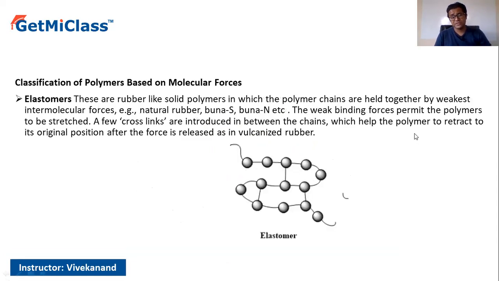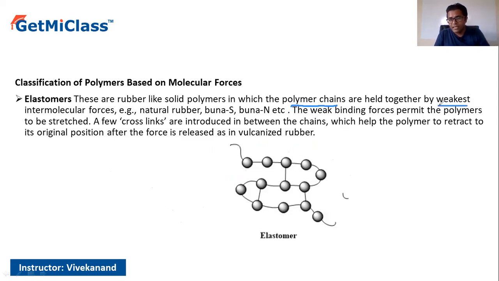Now, on the basis of the molecular forces present in the polymers, we usually classify them under three categories. One is called elastomers. In elastomers, the polymeric chains are held together by weak intermolecular forces.